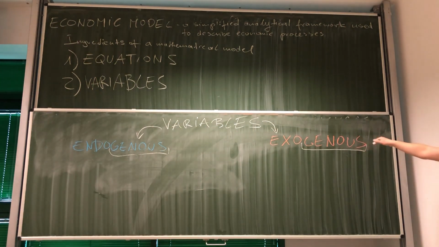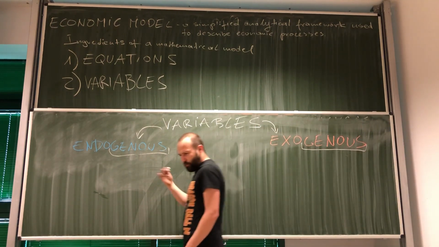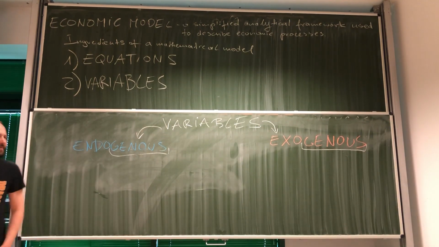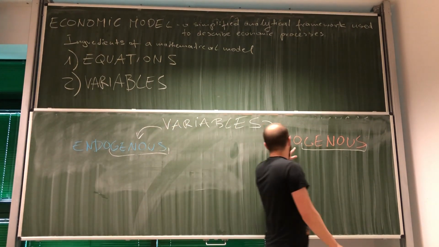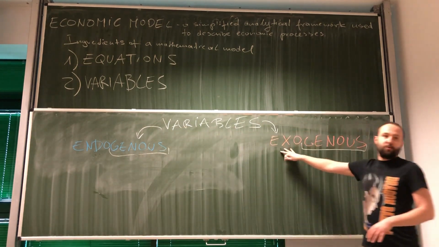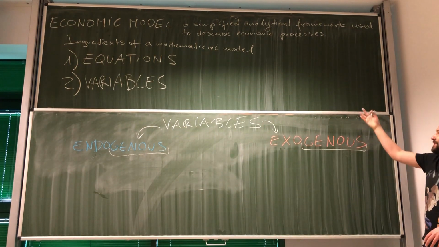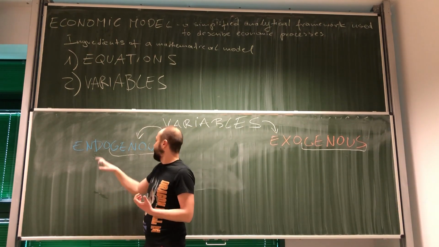And as usually happens in science, when words sound kind of weird, it means it came from Latin. So what does exo mean and what does endo mean? Exo means from outside, it means outside. And endo, inside in this case.